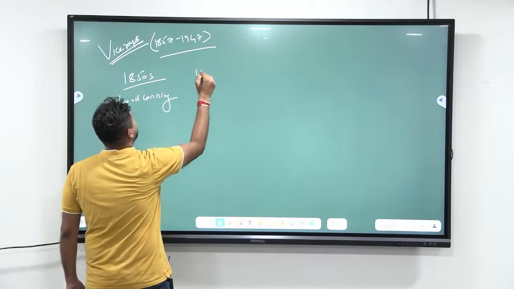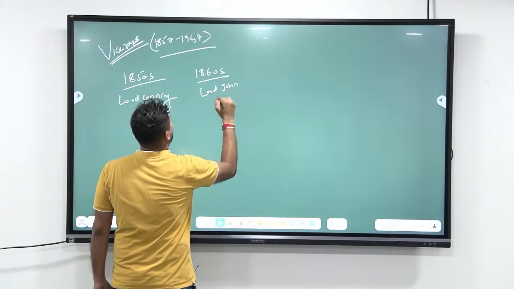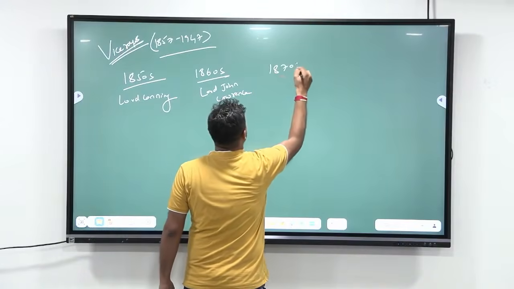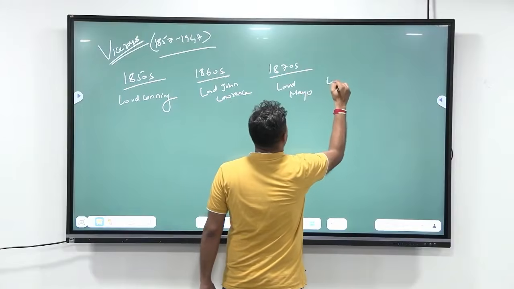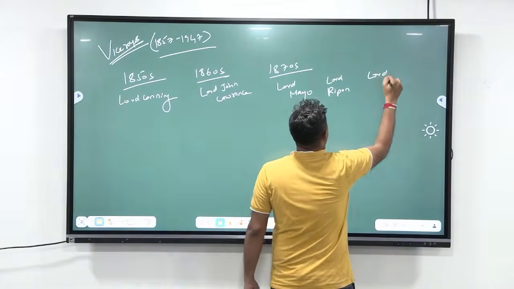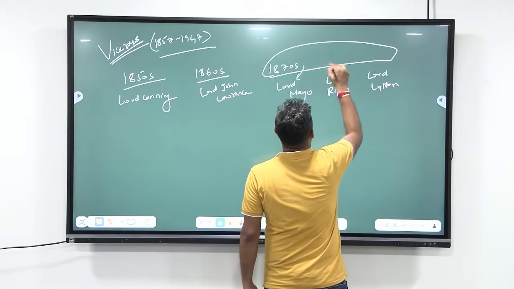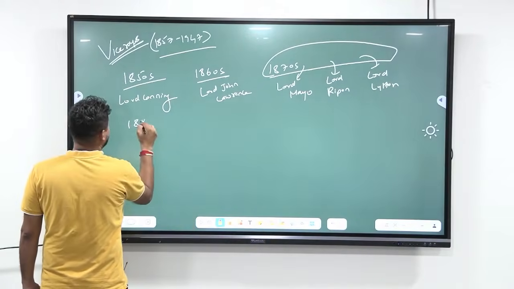Then you have 1860s, you have Lord John Lawrence. Then you have 1870s, here you have Lord Mayo, you have Lord Ripon, and then you have Lord Lytton. Okay, so these are the three people who will come during this period. The next is 1880s.